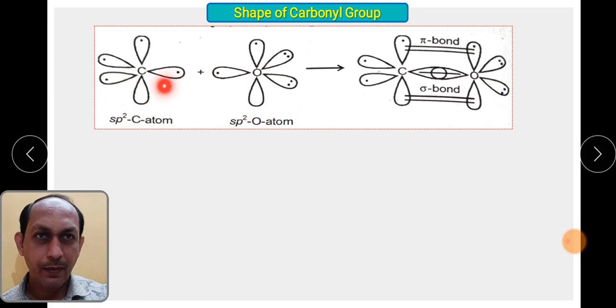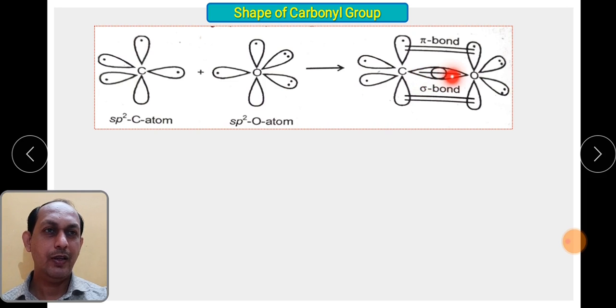So these sp2 orbitals will overlap and form a sigma bond by axial overlap. So here you can see the sp2 hybridized orbitals overlap axially, while the pz orbitals, as we have seen in the last slide, overlap laterally and they will form the pi bond.